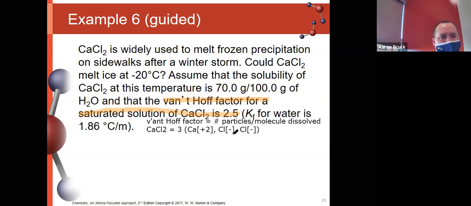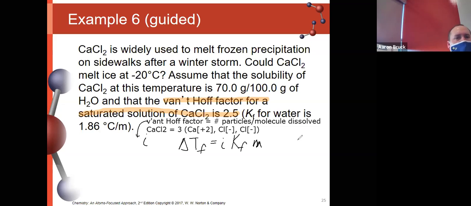How does the Van Hoff factor impact our equations? Well, it does so in the following way. The Van Hoff factor is often given by the lowercase letter i. And so how it impacts is we multiply that Van Hoff factor by the rest of our equation.